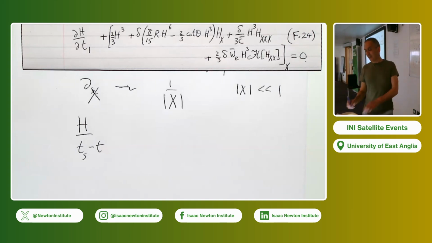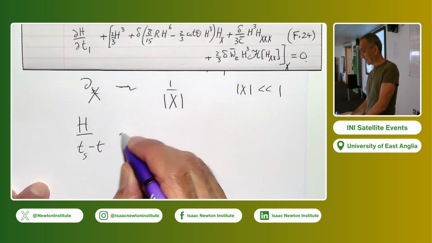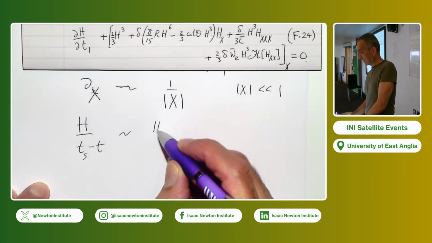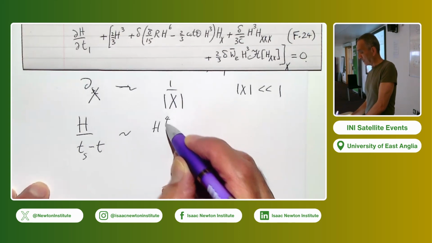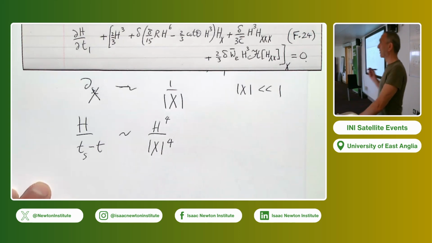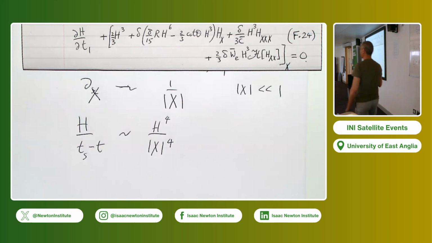So the only other possibility that can come into the mix is then h to the power 4 over absolute x to the power 4. Okay, that's here, this one. But then, I don't know what h is, right? H is also growing very big.